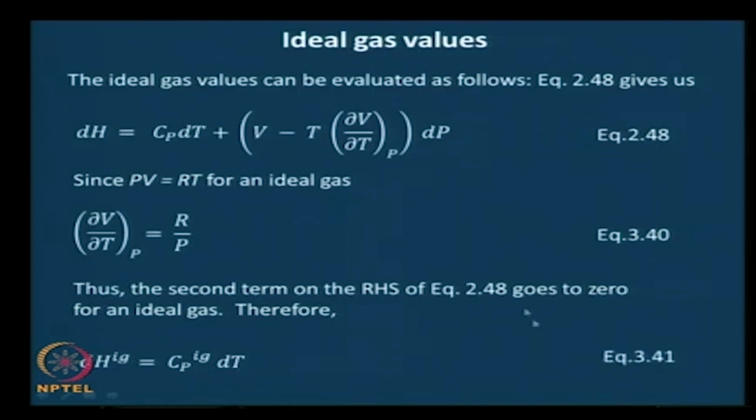You do not have this term for an ideal gas. Why? Because you have this V minus T, and you substitute R/P here, you get TR/P, and TR/P is nothing but V, so V minus V goes to 0. Therefore, you end up with dH ideal gas is Cp ideal gas dT, equation 341.